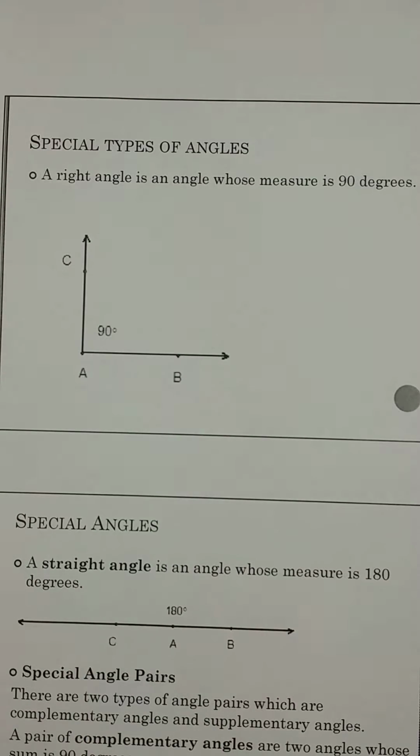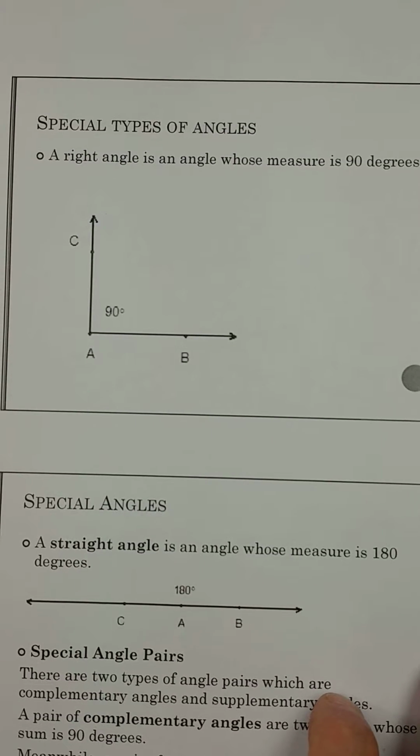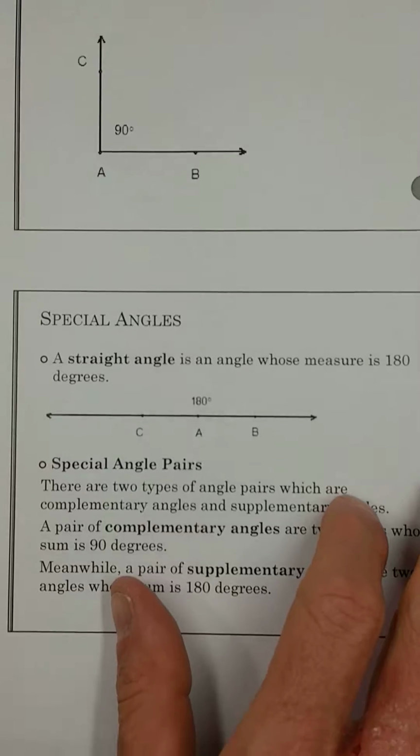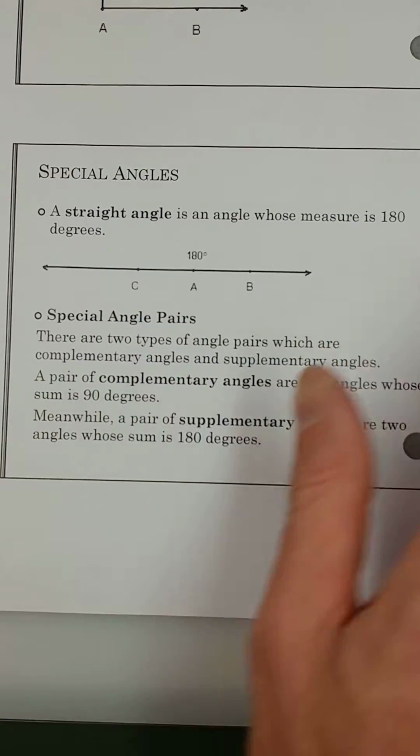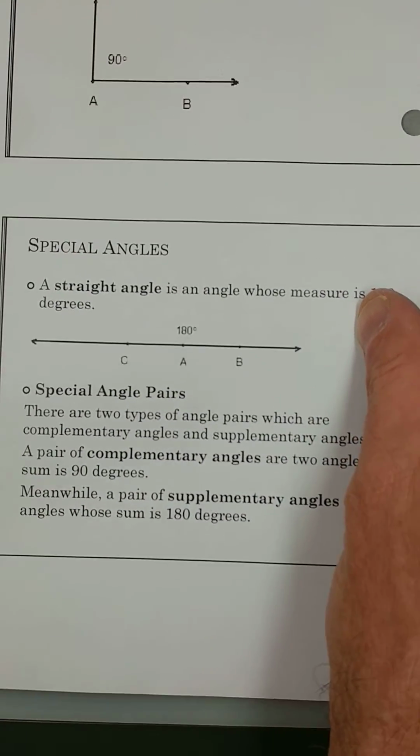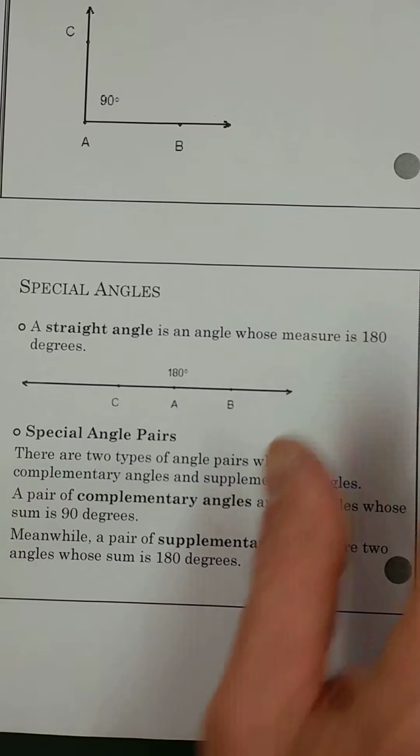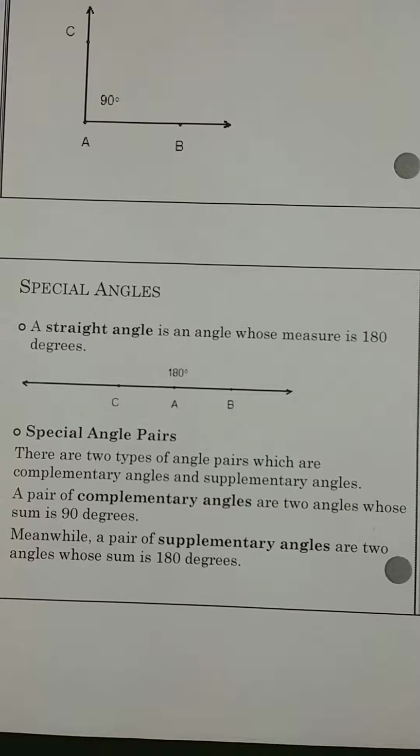And in the drawing, it looks like a corner, basically a straight corner, which would be 90 degrees, of course. So that's one of our special angles. You can also have what's called a straight angle, which measures 180. And it will look like a straight line, as you can see.